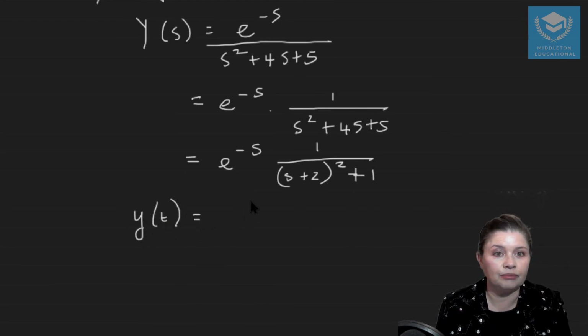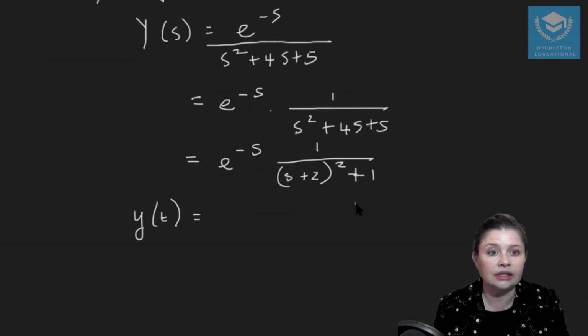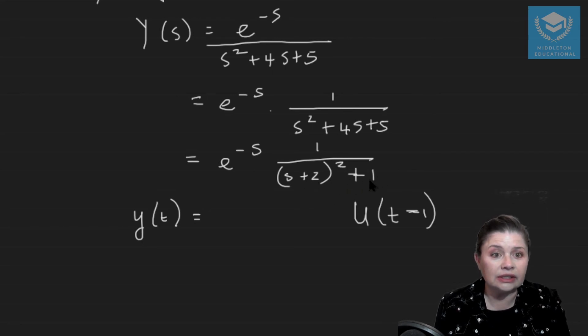Right? So then your function y of t, after you take the inverse Laplace transform, is going to be, you know that the e to the minus s tells you what the shift is. So you know that's going to be u of t minus 1. Then the function in front of it is going to be the inverse Laplace transform of this fraction. And the inverse of this is where you have an exponent times the sine function.